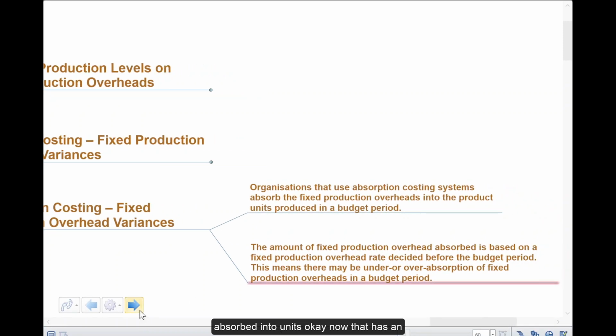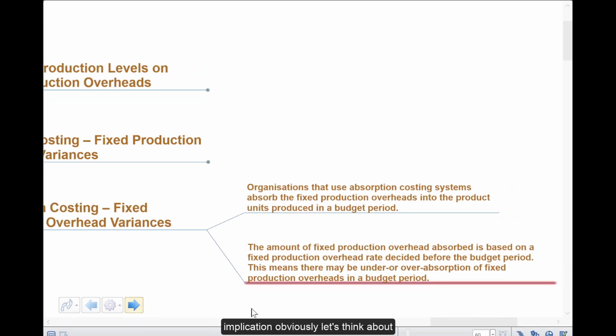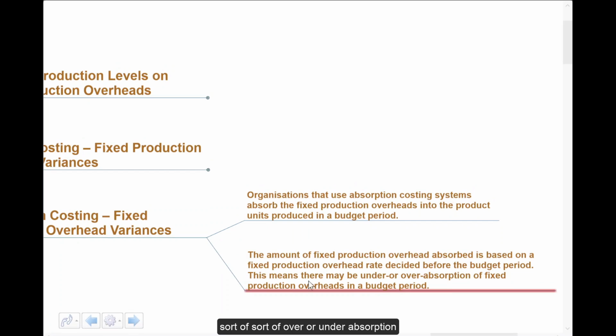Now that has an implication, obviously. Let's think about it, because in essence, if we're absorbing into units, then we're bound to have some sort of over or under absorption based on what's actually happened. We must have. So note the difference here. If that's quite a lot of information to take in right just now, I understand.